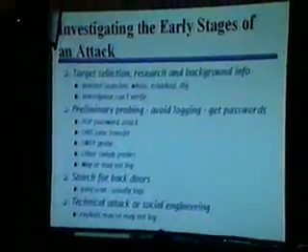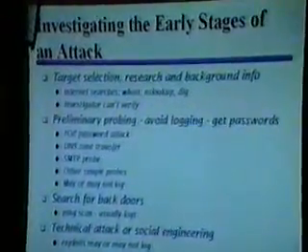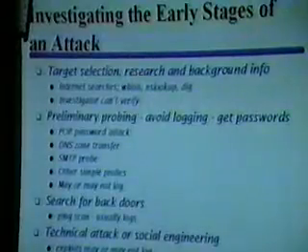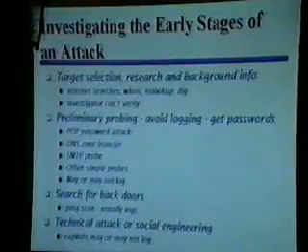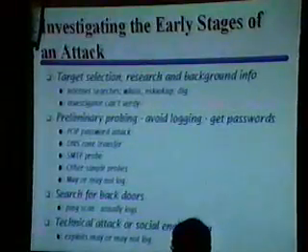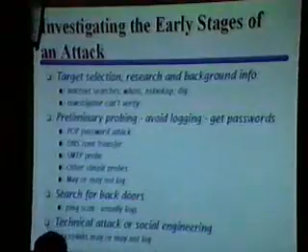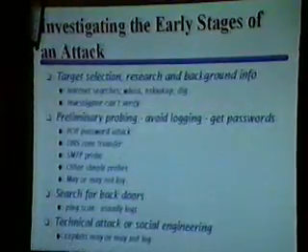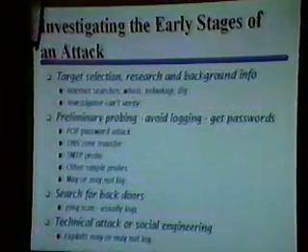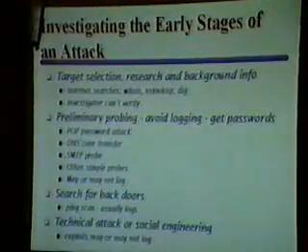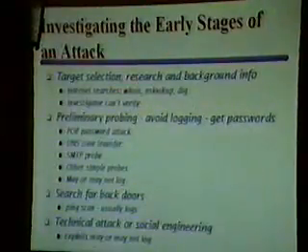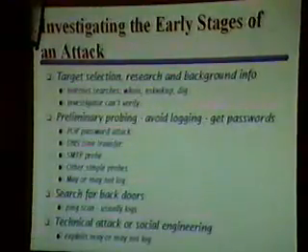So, if we're investigators, let's put ourselves in the position of the investigator. We need to deal with the attack as the attacker dishes it out to us. Well, the first thing any good attacker is going to do is gain information about the target. They do things like internet searches, whois, NS lookup, dig, all sorts of those little things which everybody does, which don't break any laws and aren't immoral, unethical, illegal, or fattening.